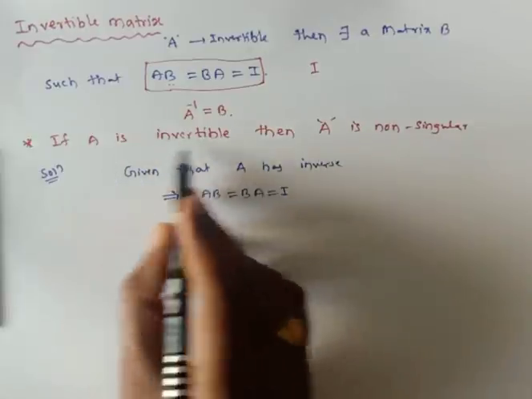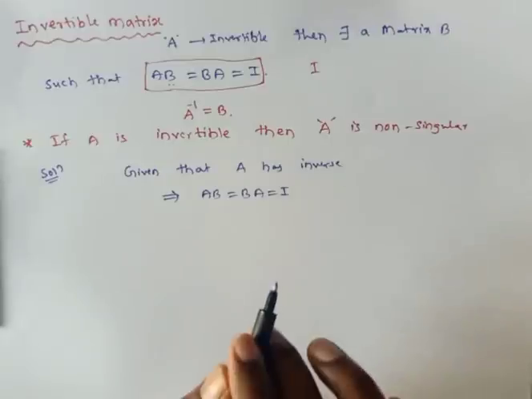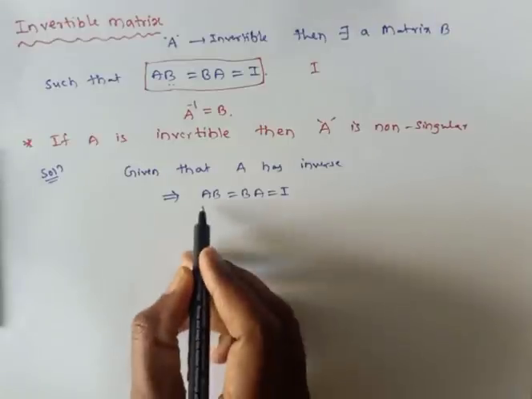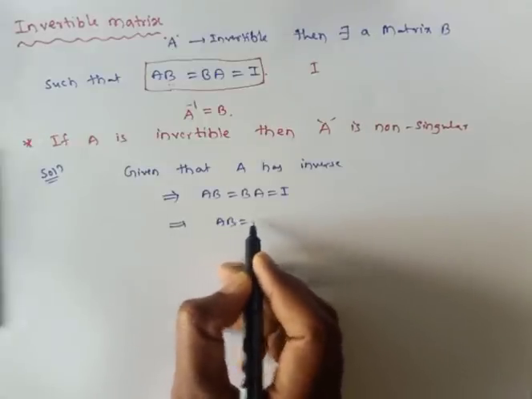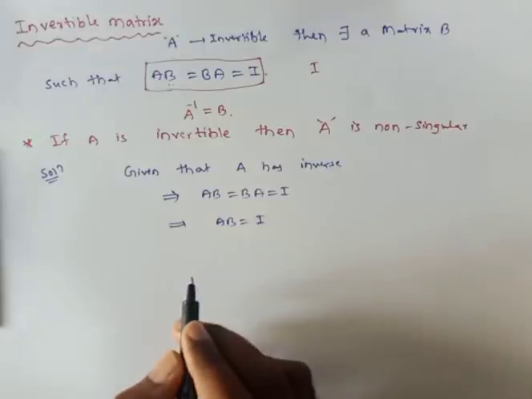Inverses exist means AB equals BA equals I is compulsory. Now AB equals BA equals I, that means AB is equal to I, or you can write BA is equal to I.